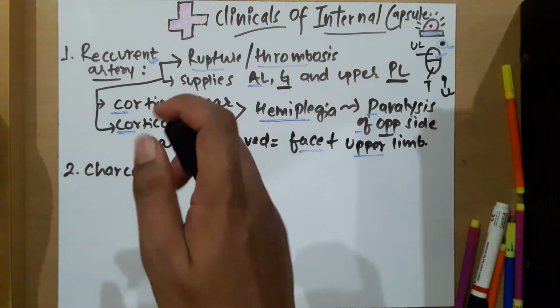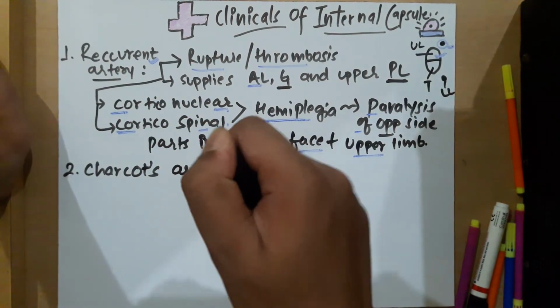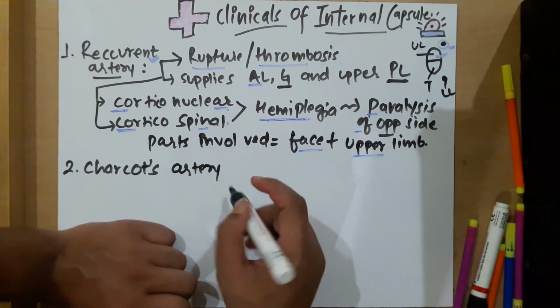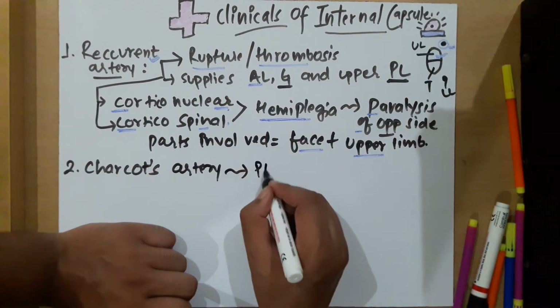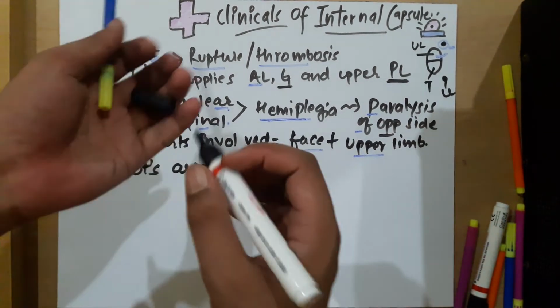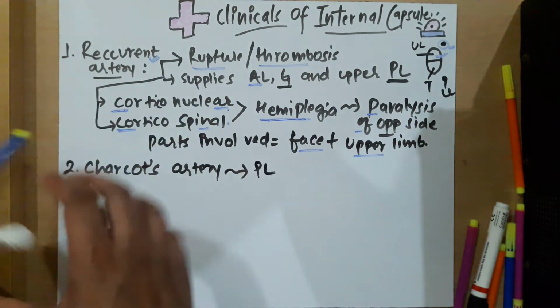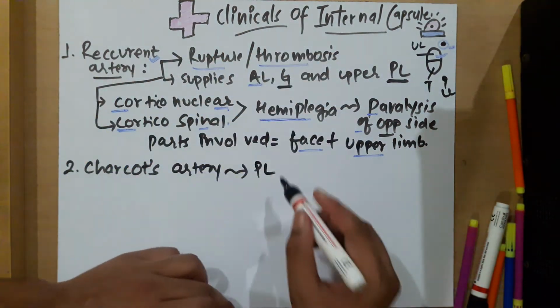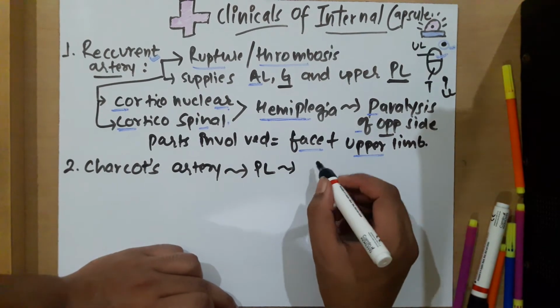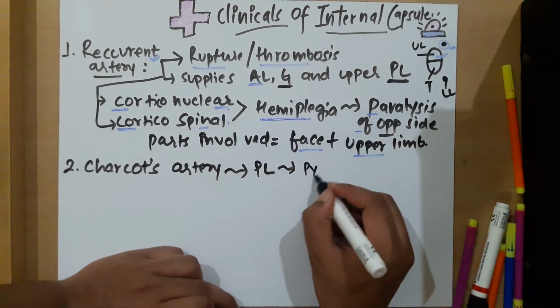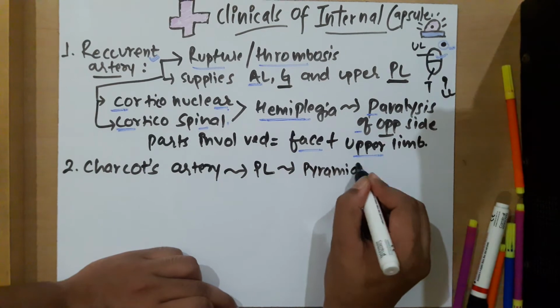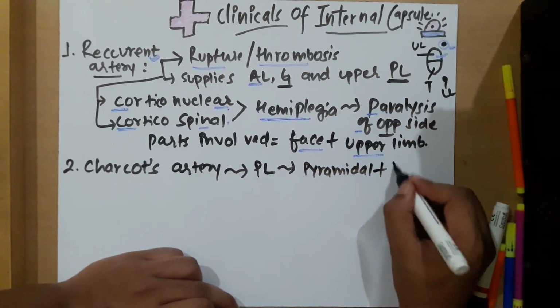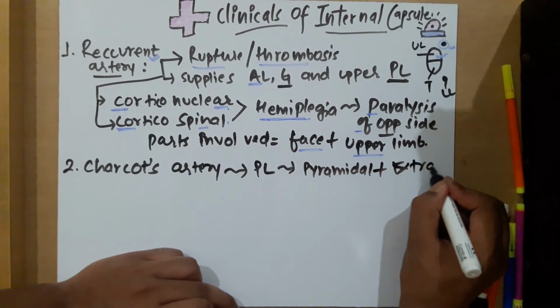So the Charcot's artery is supplying the posterior limb, yes or no? Supplies the posterior limb. So damage to this due to thrombosis or rupture will damage the pyramidal plus extrapyramidal fibers.